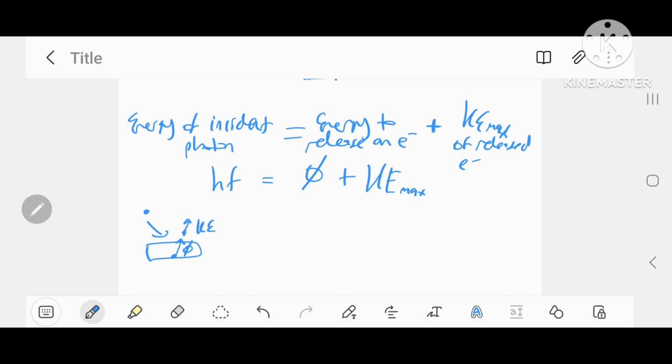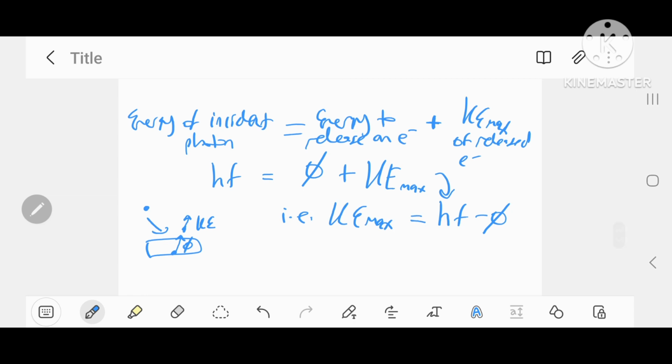So the electron has, you can think of it as, 2 energies: one for it to be released from the surface, and the other, its kinetic energy, its moving energy associated with the transition. So we can express the maximum kinetic energy of the released electron as hf minus phi by rearranging the top expression.